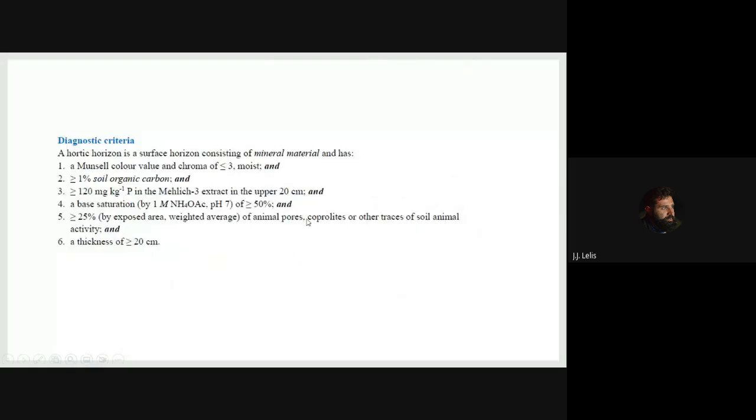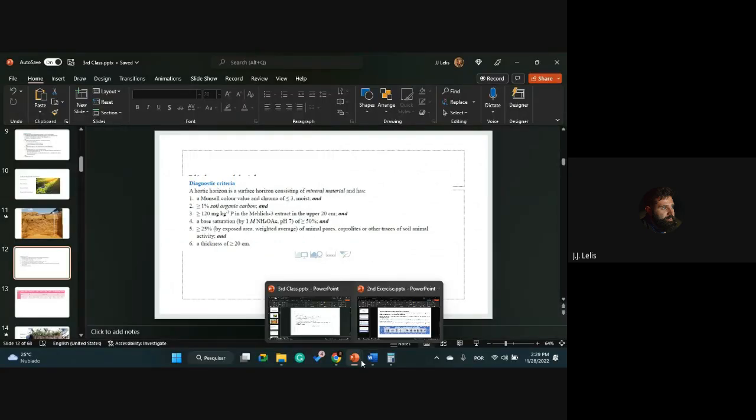It should present a base saturation equal to or higher than half of the cationic exchange capacity. So let's see.